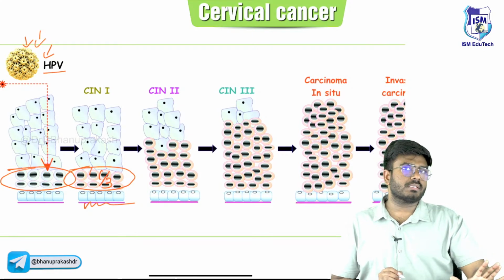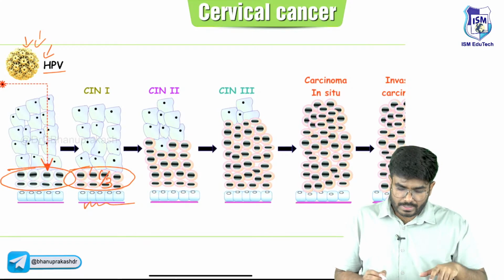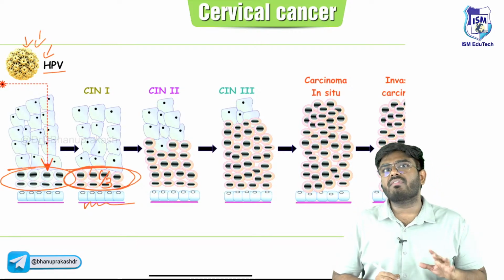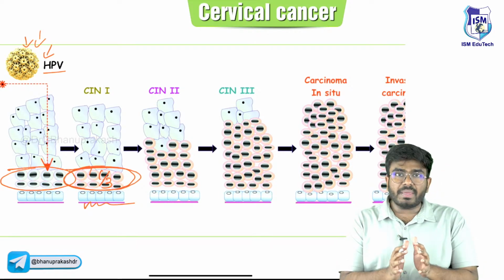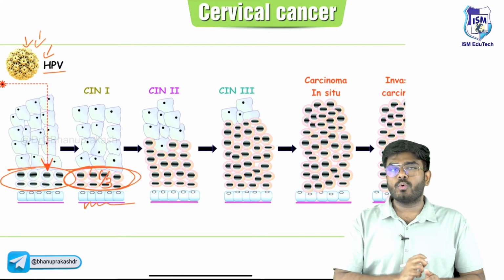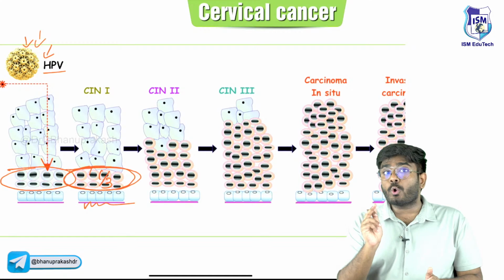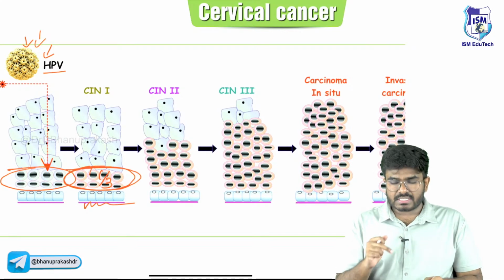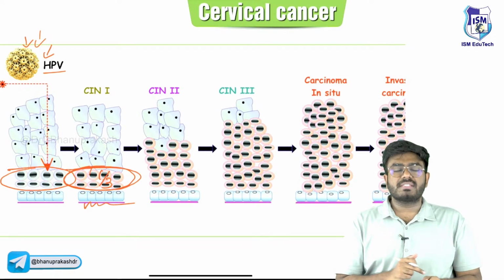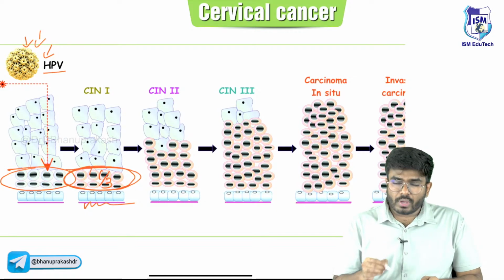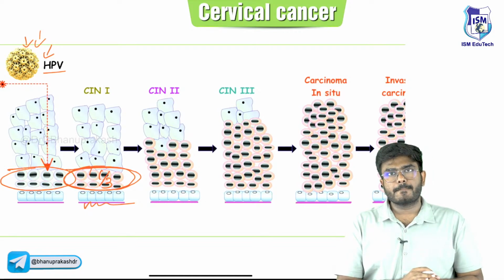These are not normal cells, these are viral infected cells, which have a very big nucleus and perinuclear halo. So these cells are called coelocytes, and the lower 1/3 is affected. You understood?